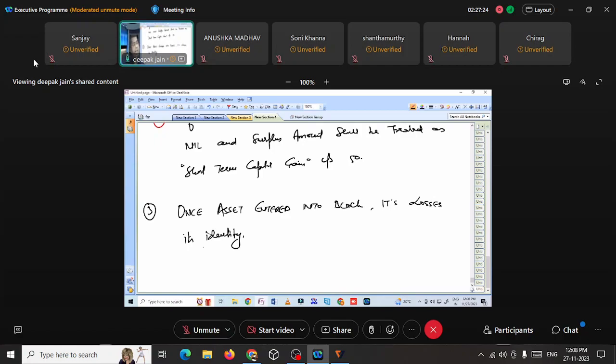Once an asset goes into the block, the concept is no longer of the asset, beta; the concept is then of the block. Once an asset has entered into the block, it loses its identity. Once an asset goes into the block, the asset concept will not work, beta, then the block concept will work. I hope you are getting the issue. Yes, sir. Now let us understand with the help of an example.